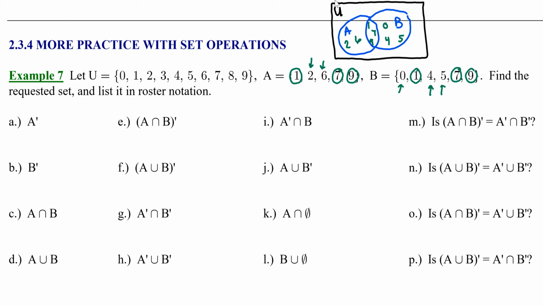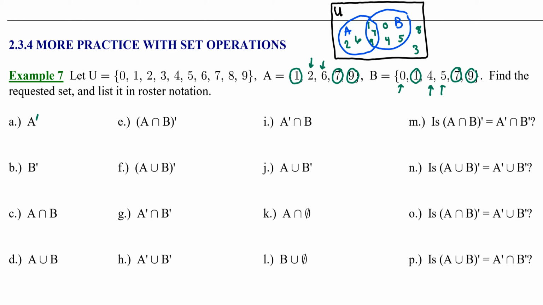If I see one that's missing, I'll write it outside circles A and B. So we have 0, 1, 2, looks like we're missing 3, 4, 5, 6, 7, we are missing 8 and 9. So now we have all of the elements of the universal set organized in how those two subsets relate to each other. The Venn diagram will make it easy to find the requested sets.